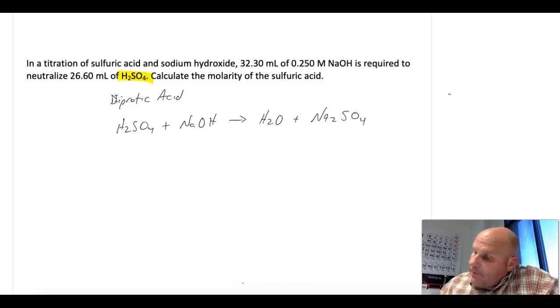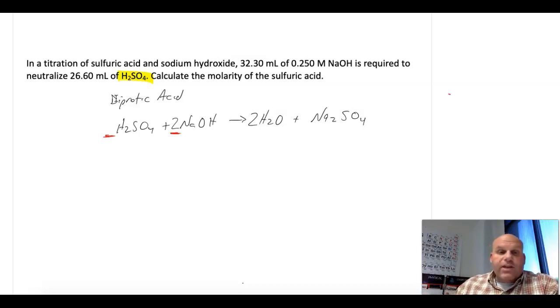So if I put a 2 here, and a 2 here, this should now be balanced. So you can see for this titration that I am not in a one-to-one ratio as I was before, but my stoichiometric relationship here is a 1-to-2 ratio. So I just need to account for that in my calculation.